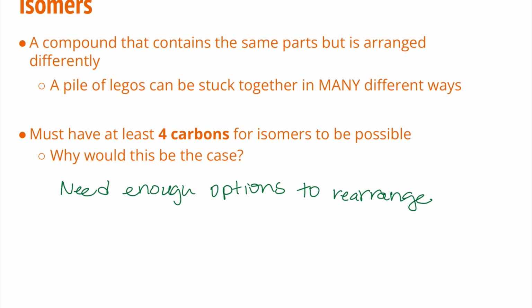And so things like meth with just 1, eth with 2, prop with 3, those don't have enough options because if we have a double bond, it can only go in one spot based on our numbering. So with isomers, we have different ways we can draw things, but there are certain things where we would only end up with one configuration.